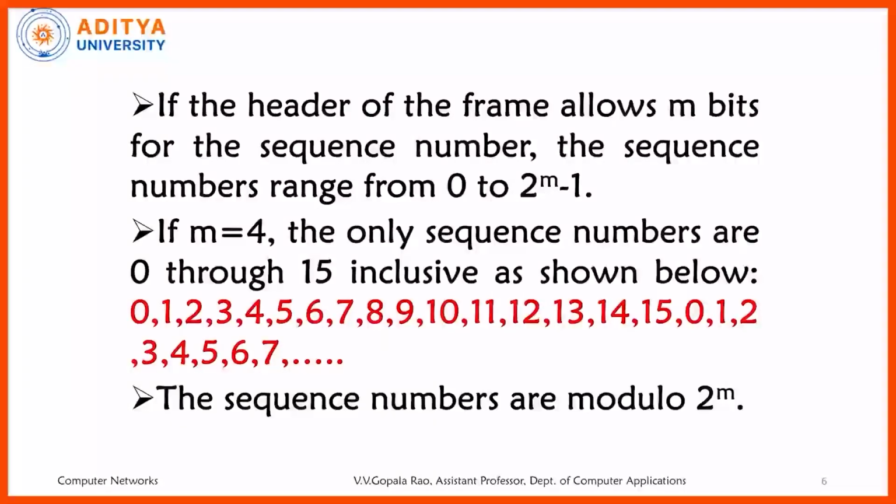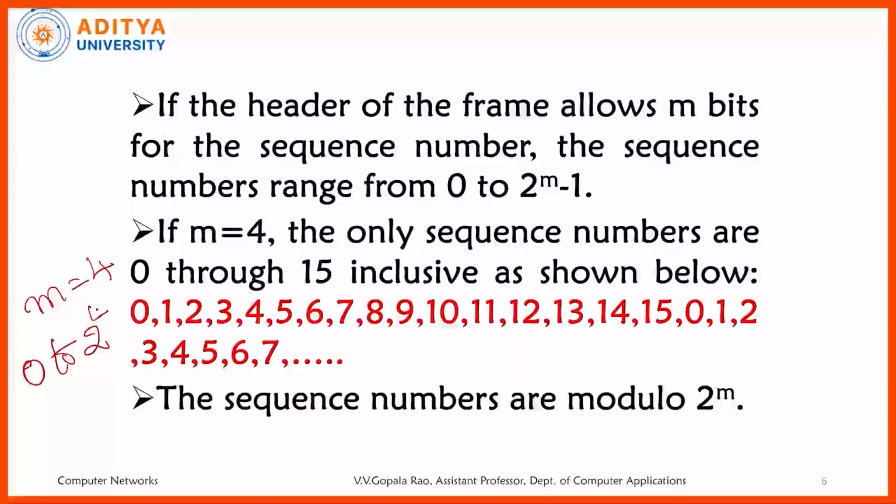Suppose the header allows m bits. For example, m is 4. Let us imagine that you are allowing 4 bits to be accommodated in the header. What can the frame numbers be? Because m is 4, according to the principle, the sequence numbers can range from 0 to 2 to the power of 4 minus 1.